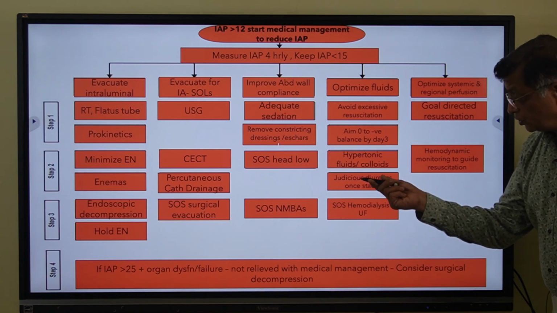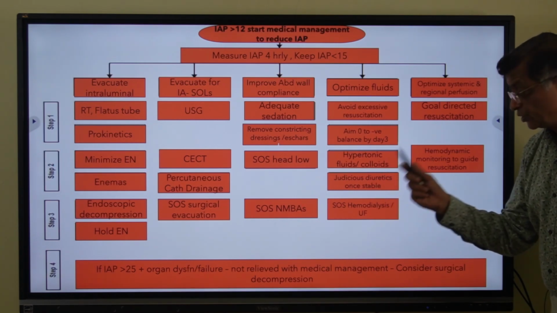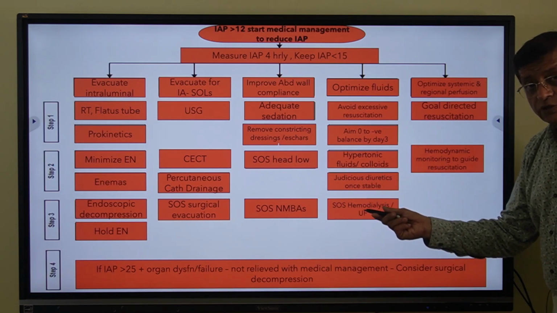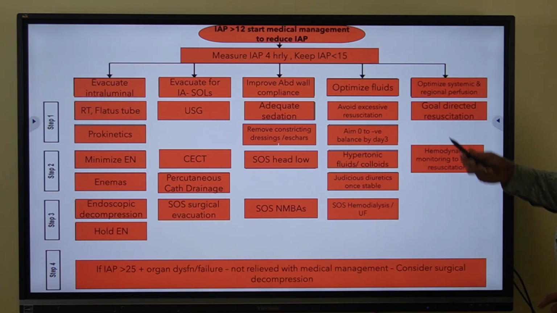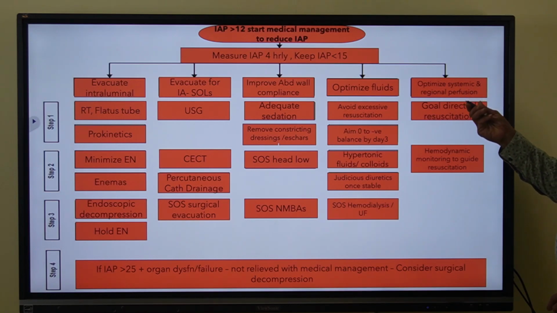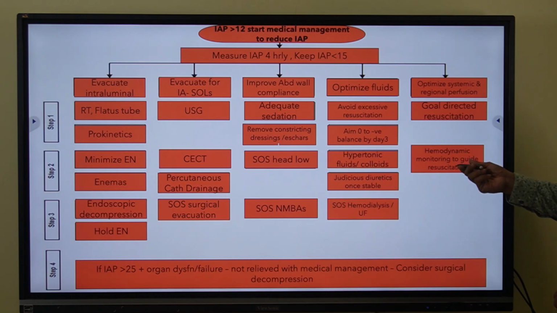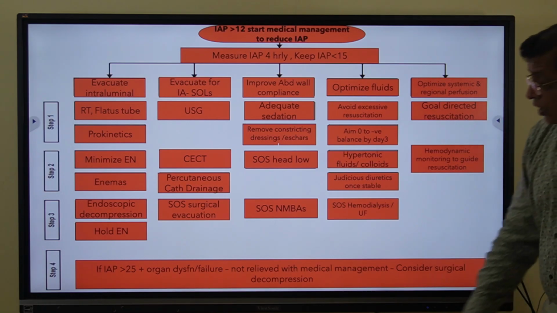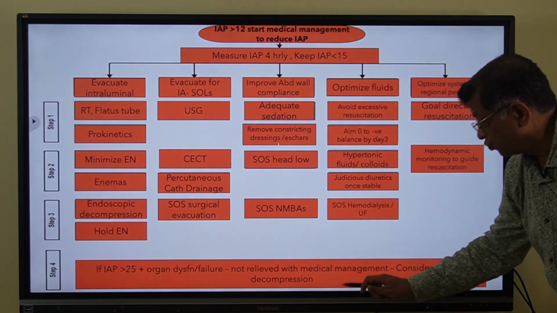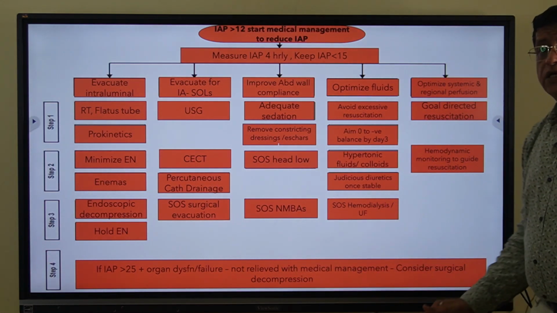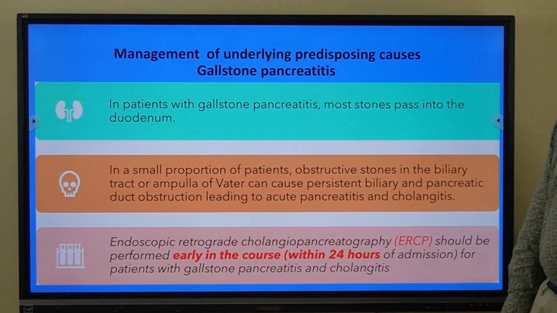If possible, judicious use of diuretics if the patient is stable, and SOS you may go ahead with hemodialysis also if the output has dropped. Then optimize systemic and regional perfusion, goal directed resuscitation, and you can use hemodynamic monitoring. If intra-abdominal pressure is more than 25 plus organ dysfunction is not relieved with medical management, the last resort is surgical decompression.